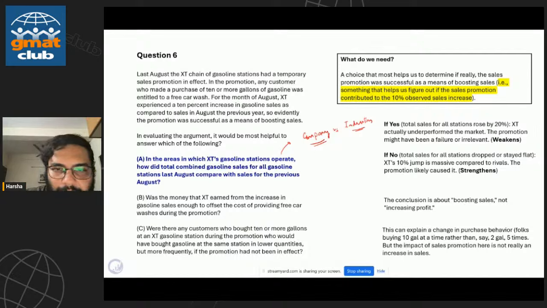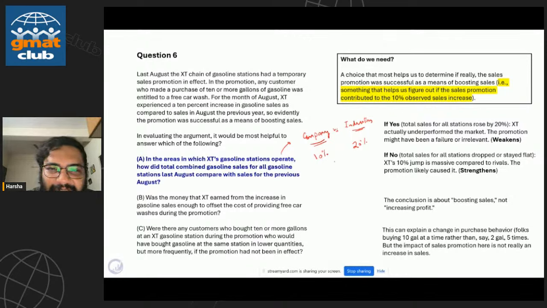Now, if your phone company grew by 10%, whereas the industry itself grew by 20%, what does that make you believe? That's important. The industry was able to grow by 20%, but your company, despite doing a sales promotion, grew only by 10%.